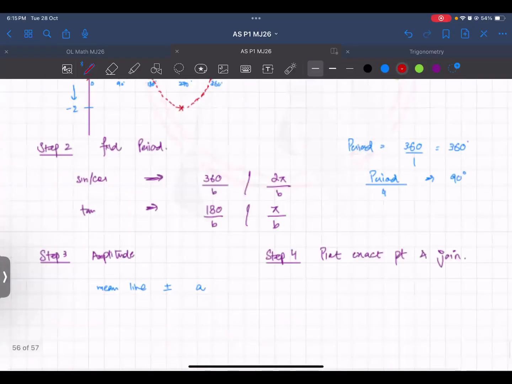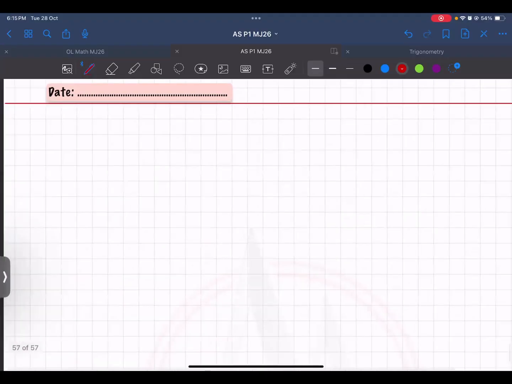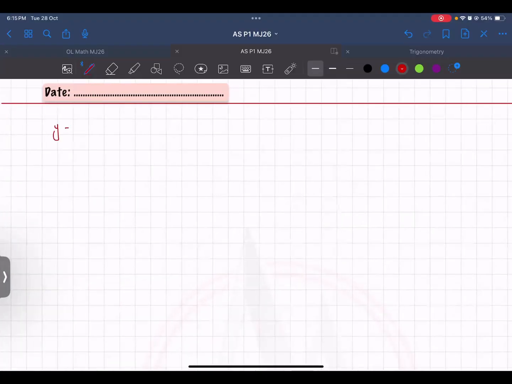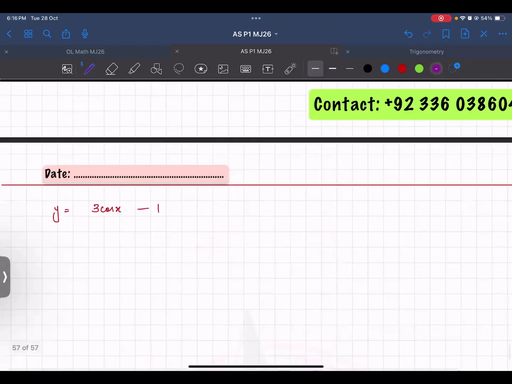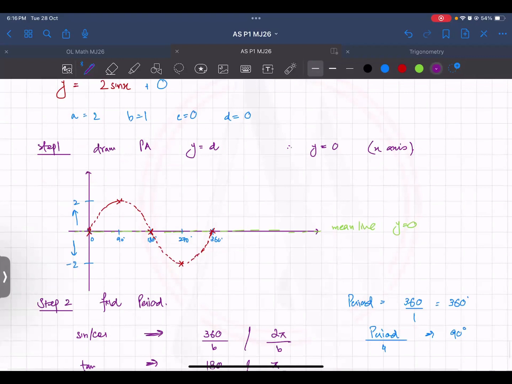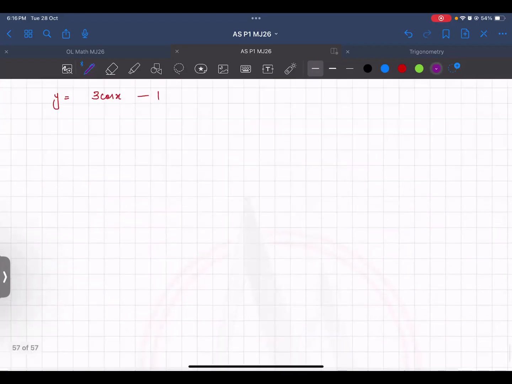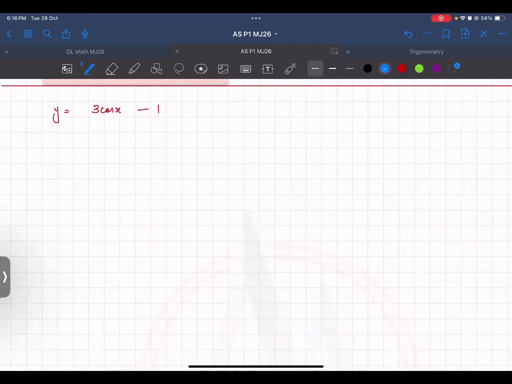Second one, we have y is equals to 3 cos x minus 1. So first of all, step 1 was to draw the principal axis. Right now, you can see the thing which is being added outside.